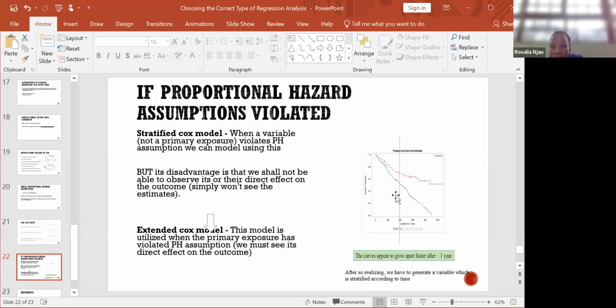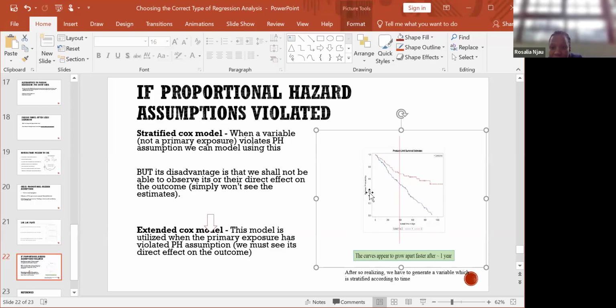And you can see it's stratified on time, the extended Cox stratified on time, like less than 1 year, greater than 1 year, just to get away from the place where the two lines intersect, to have proportional hazards in at least one of the bands.